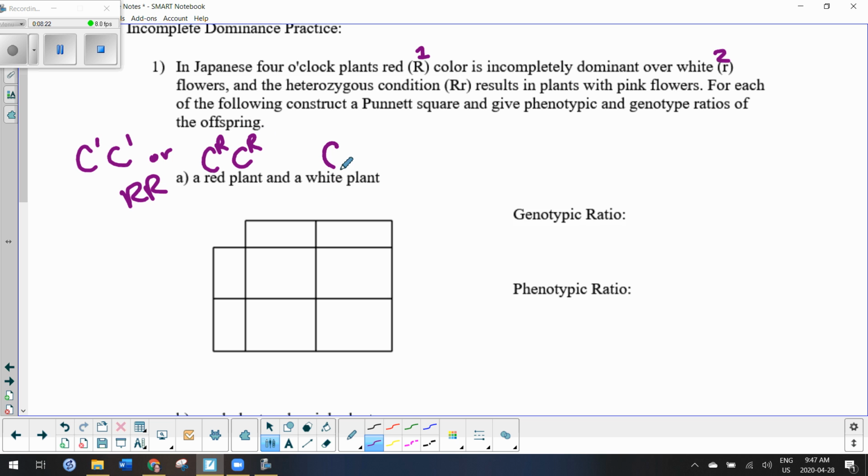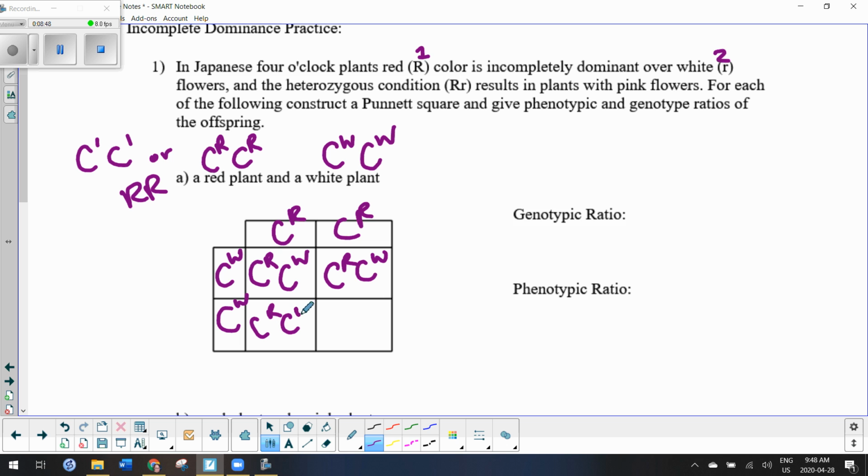Now we have a white plant, so CW, CW, I need two for it to be white. So I need to cross these two. CR, CR, CW, CW. It doesn't matter which one comes first because we have incomplete dominance. So we have CR CW, CR CW, CR CW, CR CW.